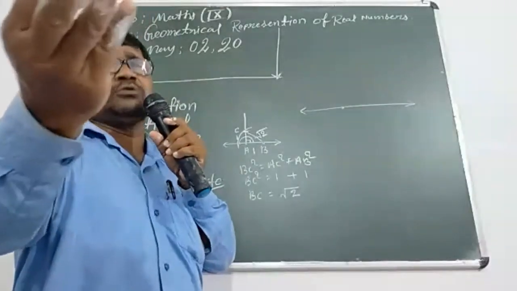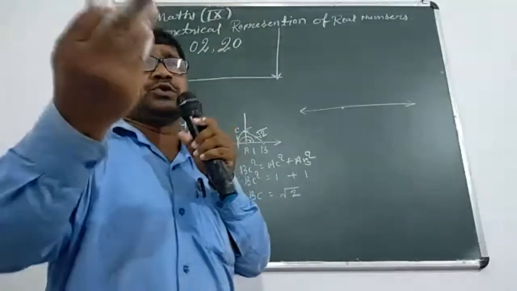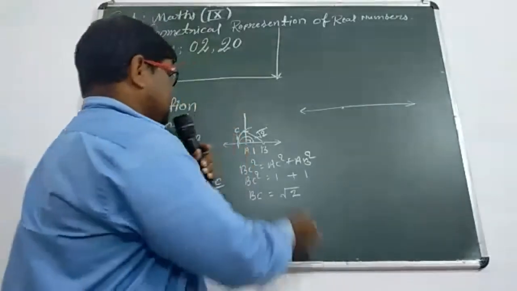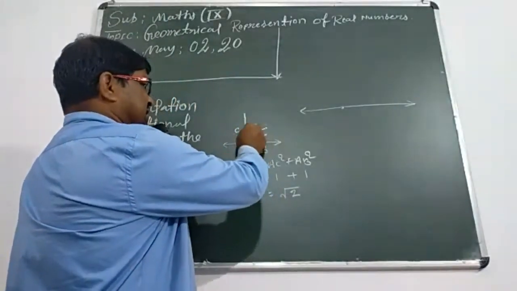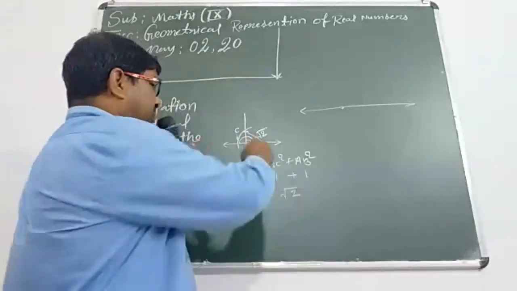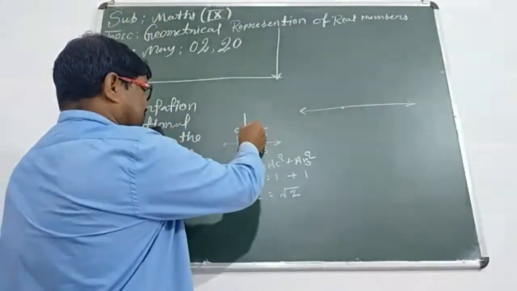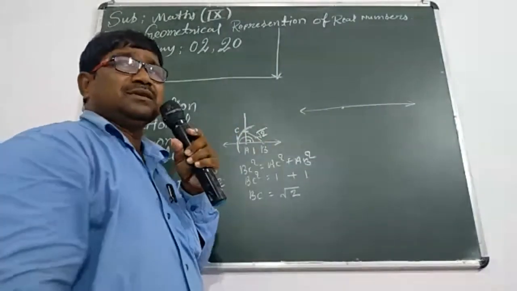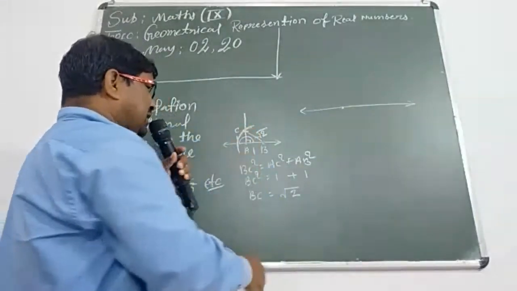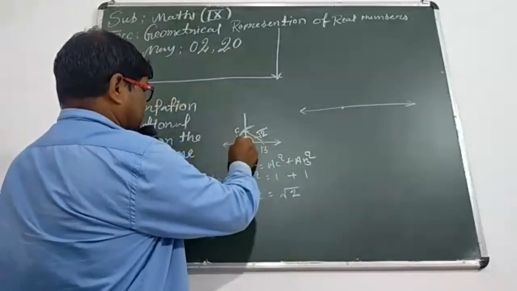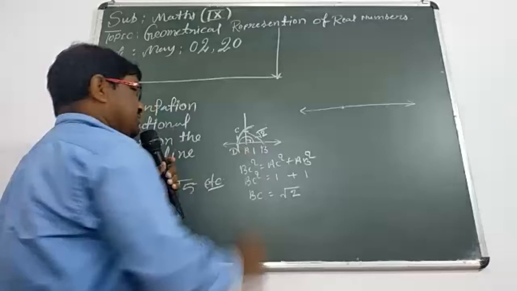We can draw the circular arc if we have two things, one is center, another is radius. Center is B and radius is BC. From B you are drawing a circular arc. The circular arc cuts the given line at a point. Suppose that this point is D.